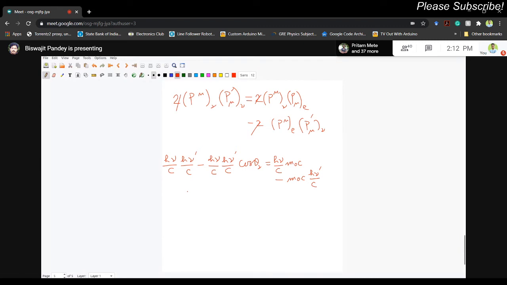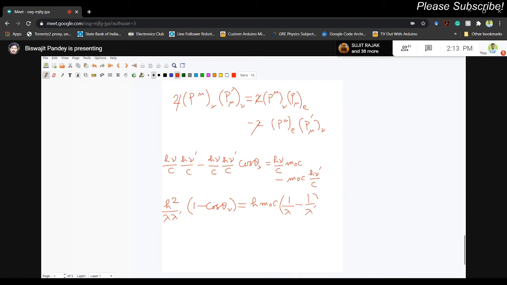And now if I write nu in terms of lambda, actually you don't need to drop anything, because nu by c you can write h into h, that is h square divided by lambda into lambda prime, using c equal to nu lambda. So I'm writing nu by c, minus in terms of lambda, cos theta nu equal to, I have h m0 c, taking them common, and we have 1 by lambda minus 1 by lambda prime.